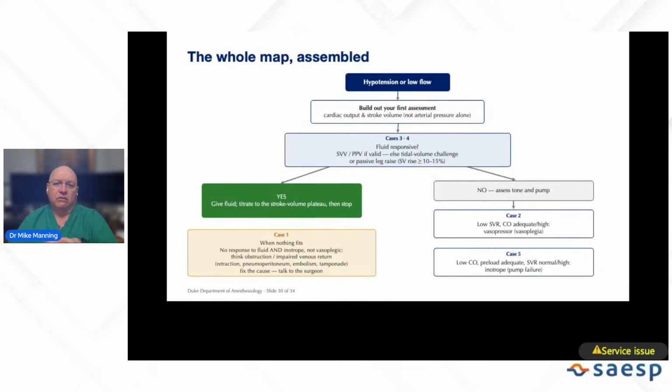In our case, it was an aberrant retractor holding pressure on the IVC and really hurting our venous return. In case 2, a low systemic vascular resistance where cardiac output was quite high. And in case 5, like we just discussed.